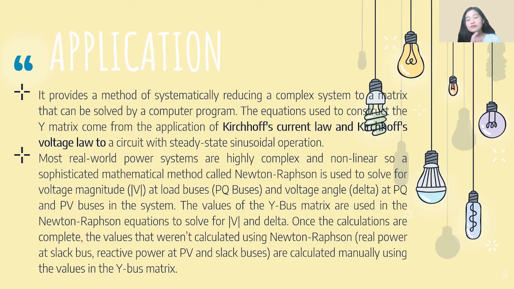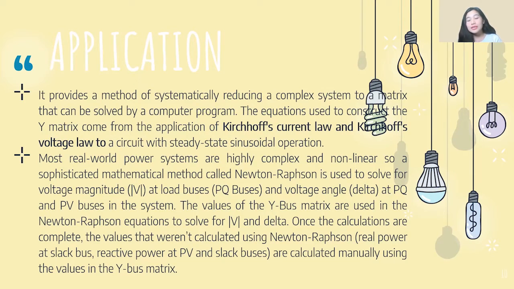So the values of the Y bus matrix are used in the Newton-Raphson equations to solve for V, or absolute V, and the delta. Once the calculations are complete, the values that weren't calculated in Newton-Raphson, or the real power, are calculated manually using the values of the Y-bus matrix.